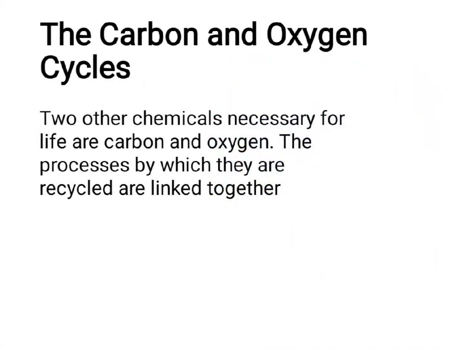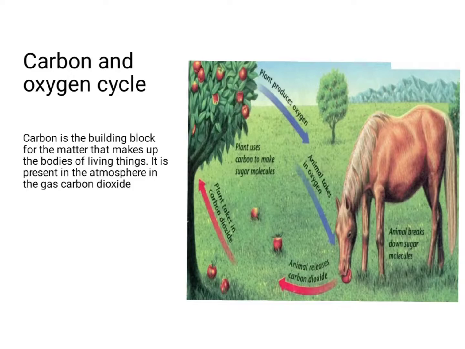The carbon cycle and oxygen cycles. Two other chemicals necessary for life are carbon and oxygen. The processes by which they are recycled are linked together. Carbon is the building block for the matter that makes up the bodies of living things. It is present in the atmosphere in the gas carbon dioxide.